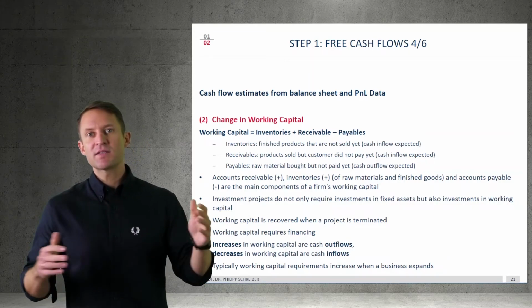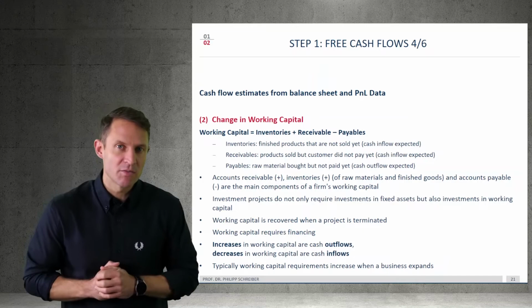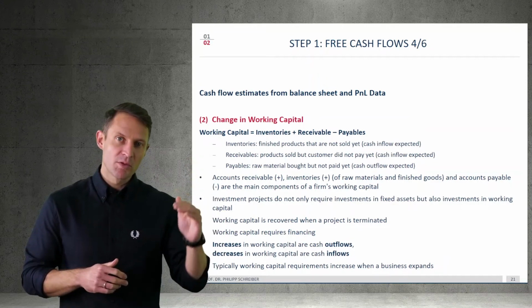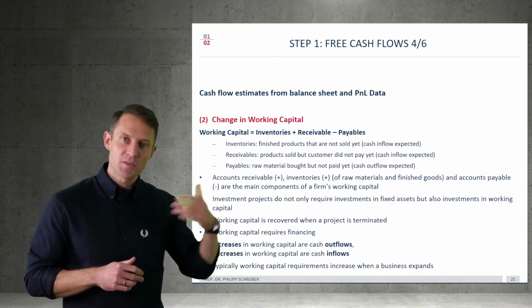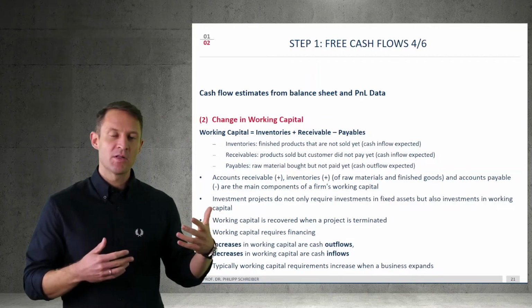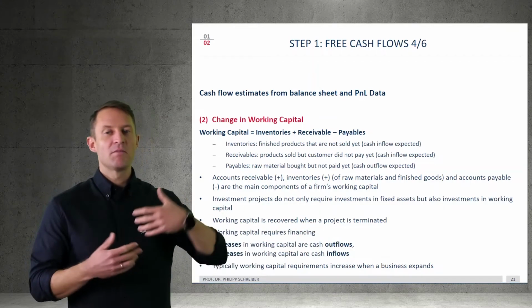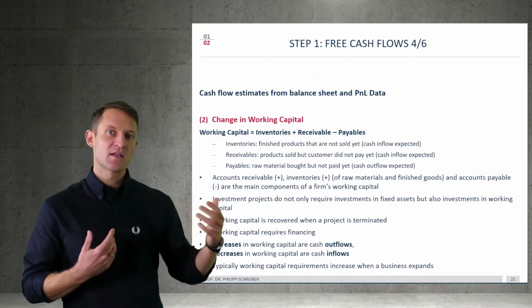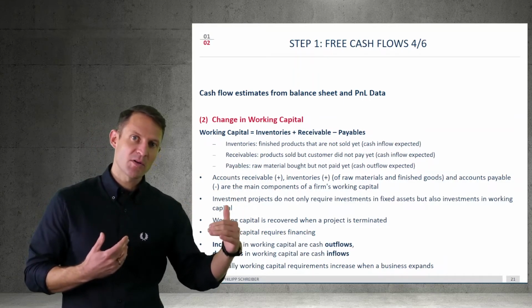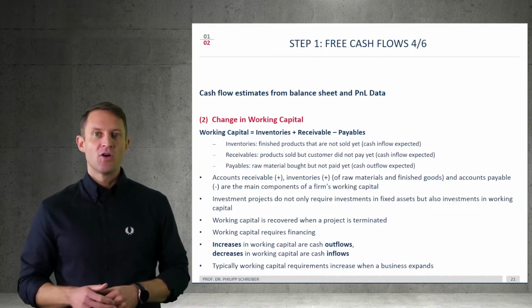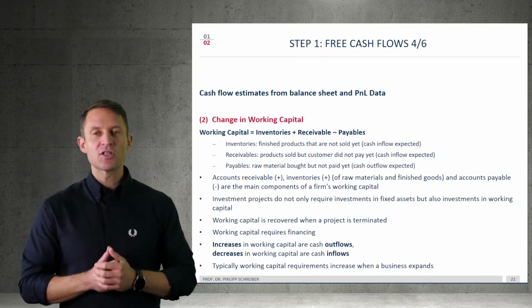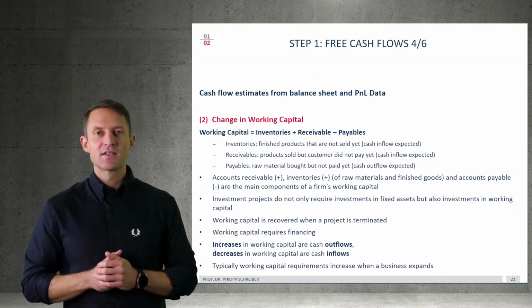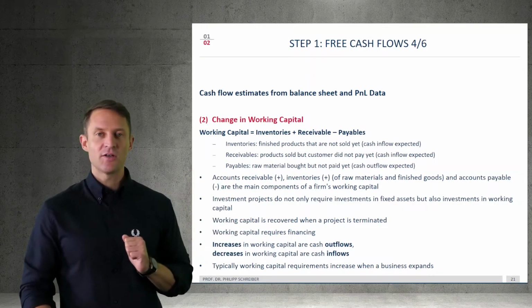Let's say it's less because you have less receivables. How can receivables decrease? Customers pay. Then it's not a receivable anymore. If customers pay, money is flowing in, and that means less working capital means cash inflow. Okay, so we need to check out the balance sheet, and we will do this in the exercise session and calculate the change here.